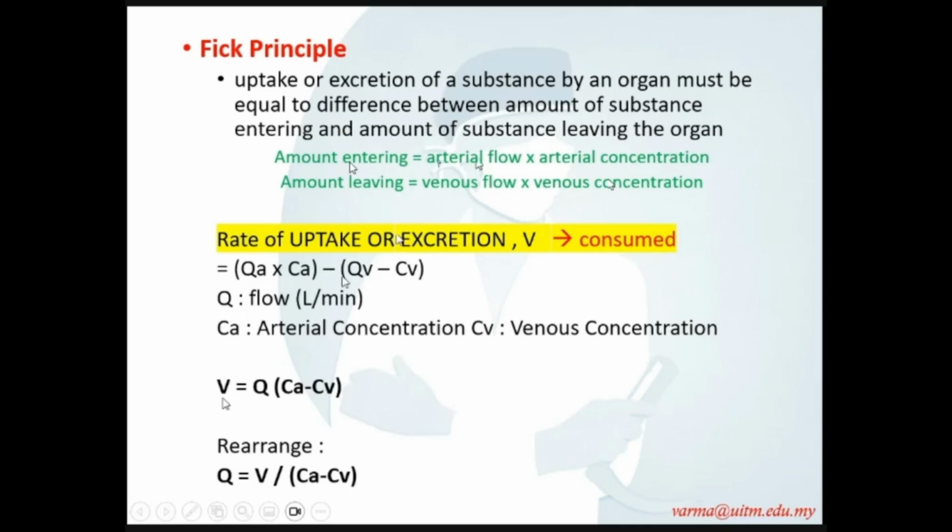The rate of oxygen consumption is equivalent to flow times the difference in arteriovenous concentration. You rearrange because we want to get the flow. We want to measure the cardiac output, right? The flow is what we are interested in. Q is equivalent to cardiac output. Rearranging, your Q is equivalent to the rate of consumption divided by the arteriovenous difference.